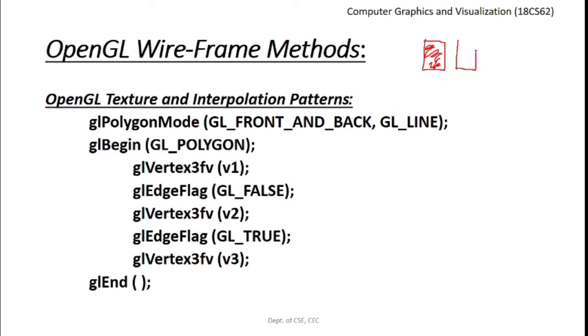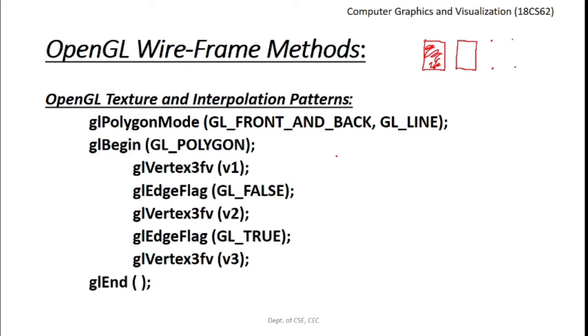Rather than displaying its interior, I can draw only the outline of the polygon using the wireframe methods. Not only that, instead of drawing the boundaries, I can just draw the vertices used for drawing the polygon. That is achieved using the function glPolygonMode. So in glPolygonMode, I can display only the boundaries of a polygon, or I can draw only the vertices of the polygon.